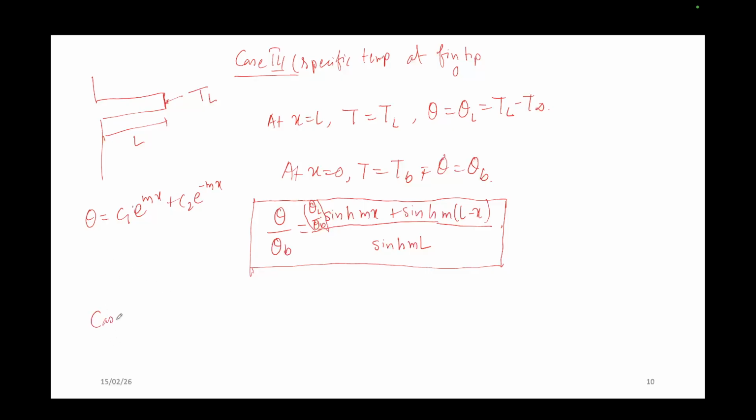And our last case for today is where there is convection from the fin tip. So, Ayush, can you tell the scenario? What is the boundary condition at x equal to L?